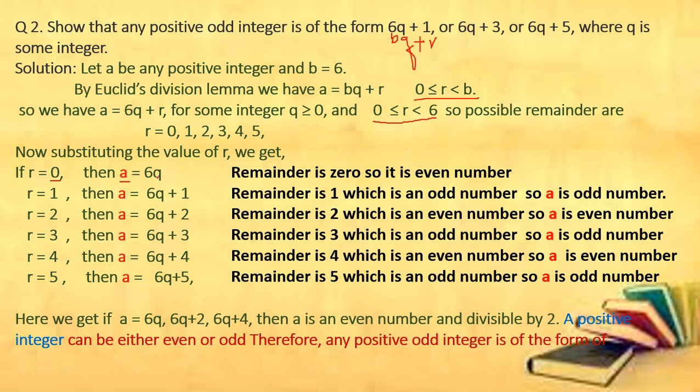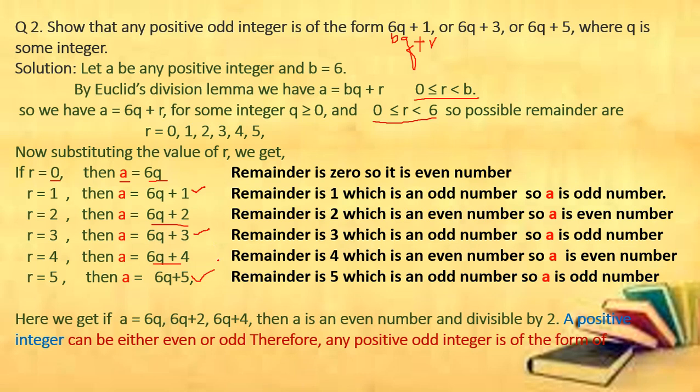So we have to write out which formations give odd numbers. See here, 6q is even, 6q plus 2 is even, and 6q plus 4 is even. The rest, 6q plus 1, 6q plus 3 and 6q plus 5, these three are the formations of a positive odd integer.